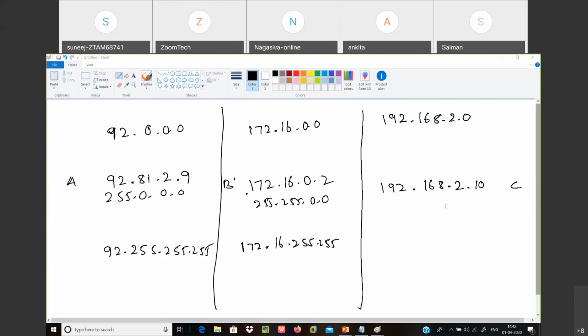It's not a class A. Class C: the first three octets are the network portion, and the host portion is 0. Broadcast ID, guys. 192.168.2.255 is the broadcast ID. And finally, what will be the subnet mask of this IP address? 255.255.255.0, right? So I hope you have very good knowledge of IPv4 addresses now.